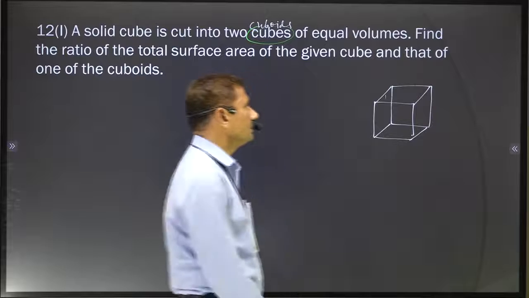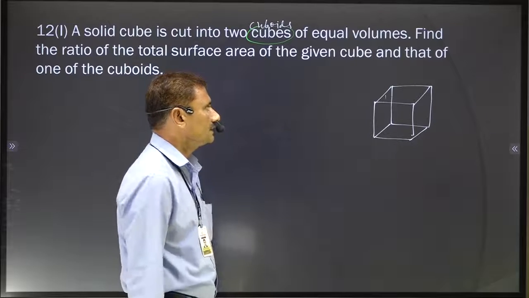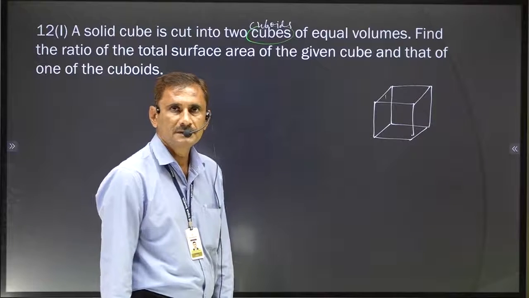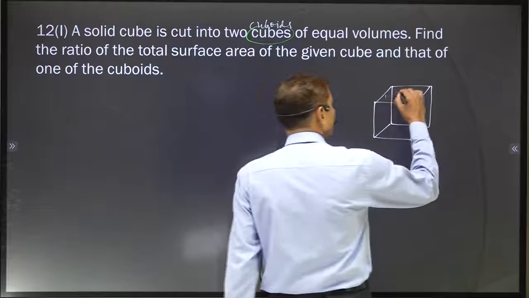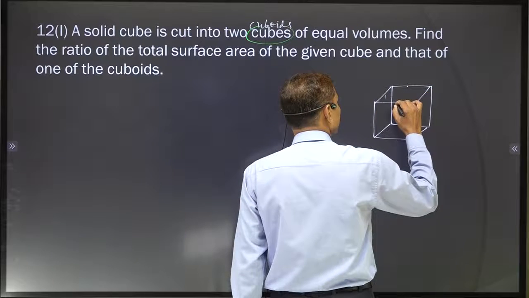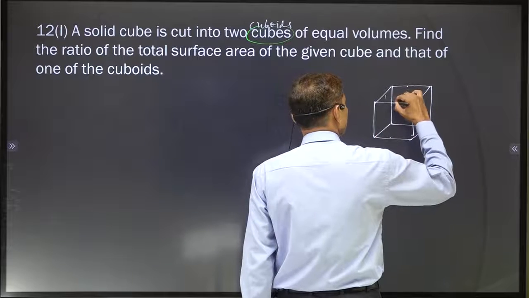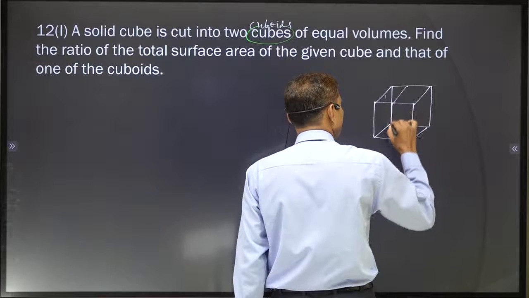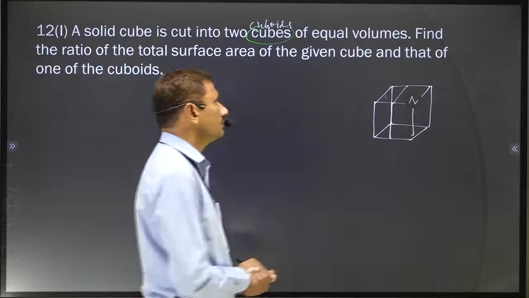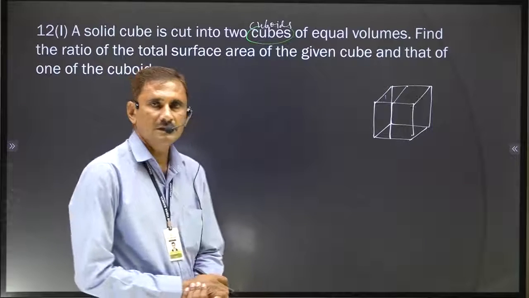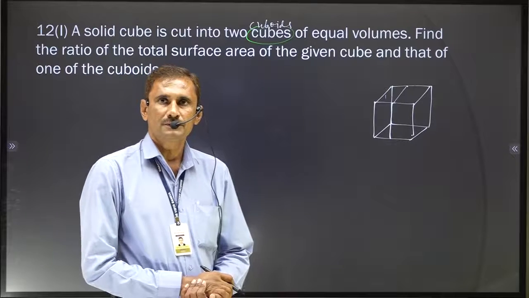From the middle you divide it into two equal parts, cut from this point to that point and here also. It will be divided into two equal parts, so obviously they will be cuboids only.